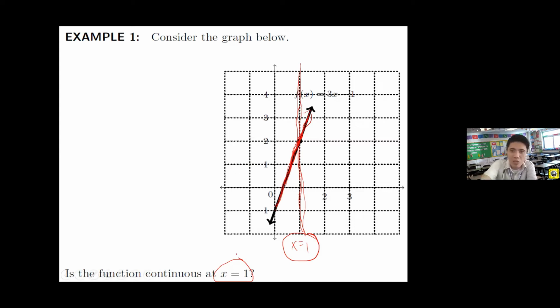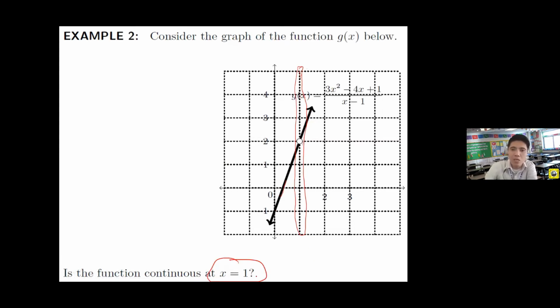So that is continuity. Now an example of a function that is not continuous. Here is the graph of a function. Is this function continuous at x equals 1? Again, we consider the imaginary line at x equals 1. Can you sketch the graph without lifting?